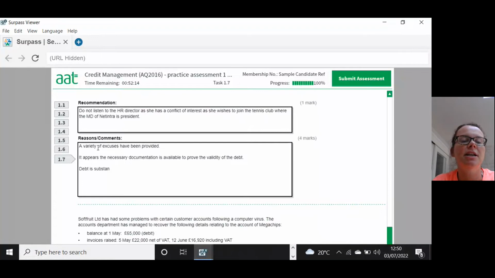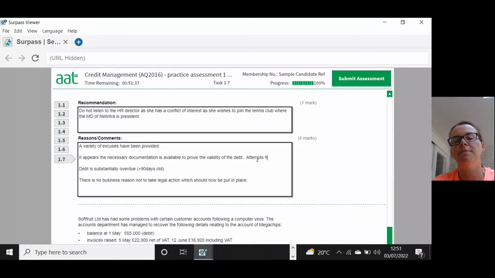It is substantially overdue, more than 90 days old. There is no business reason not to take legal action, which should now be put in place.